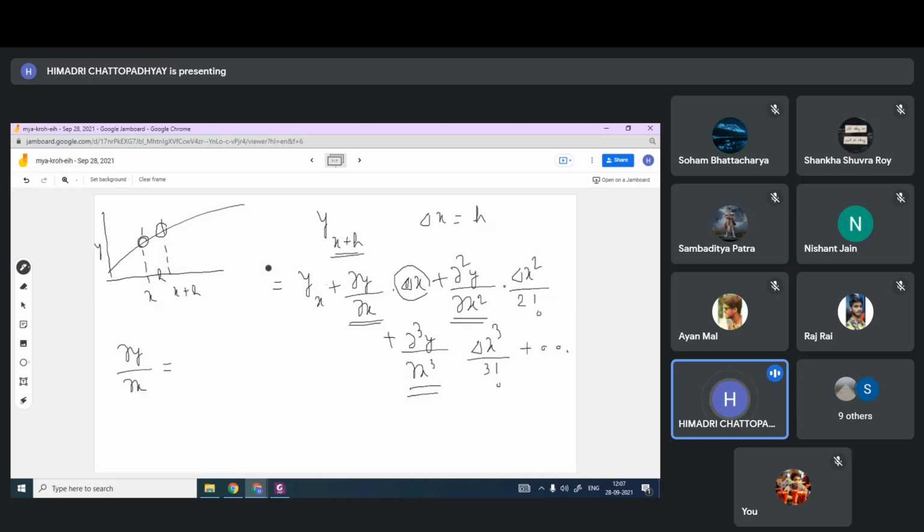This minus this, y at x plus h minus y at x, by delta x, that is h, plus, see, this is order of, you see, these start from delta x square by 2. So if I divide by delta x, this will start with delta x. So I can write order of delta x.